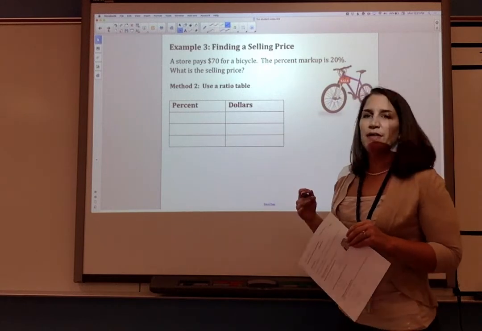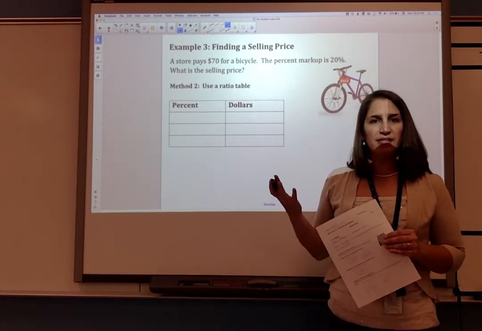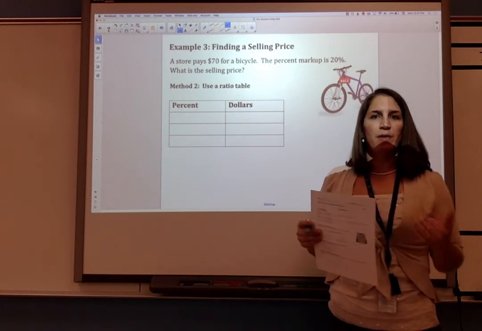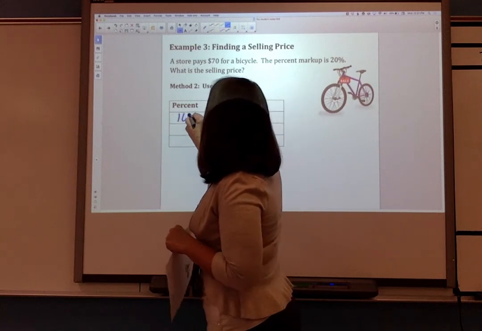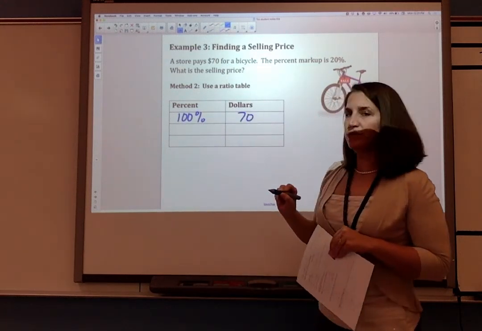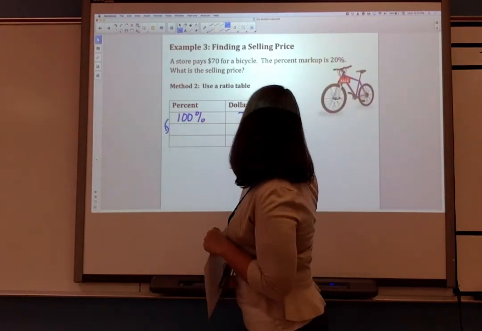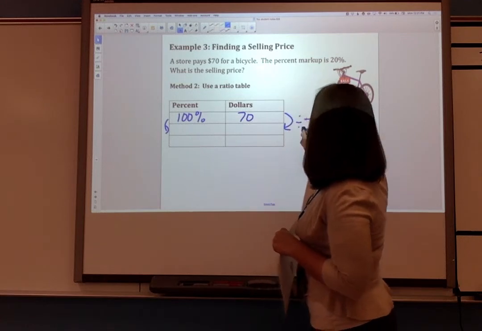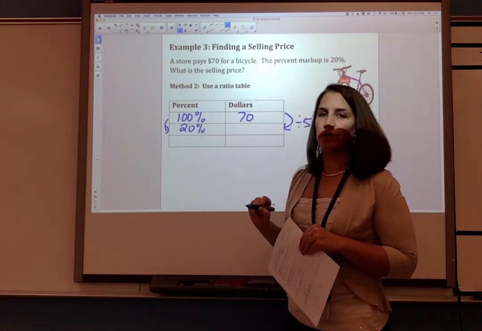All right, here's another method. This time our second method is going to be using a ratio table. So same problem, the store pays $70 for the bike, the percent markup is 20%. So we could say 100% of the price of the bike is $70. And then we could divide by 5 to figure out what's 20% of the price.